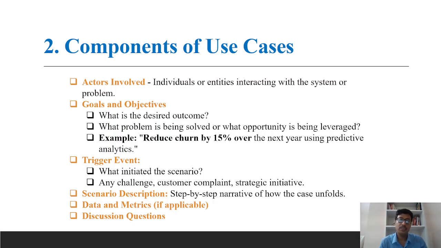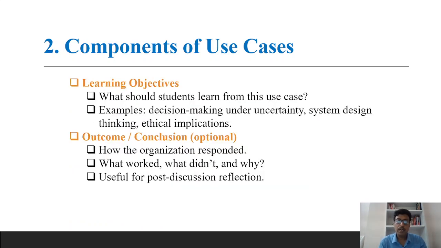But a very important thing is the discussion question. I can use generative AI to develop the discussion questions based on the initial information I will be supplying. Then the learning objective: what you want your students to learn could be decision making under uncertainty, or system design thinking, or maybe ethical implications, what they can imbibe from that.